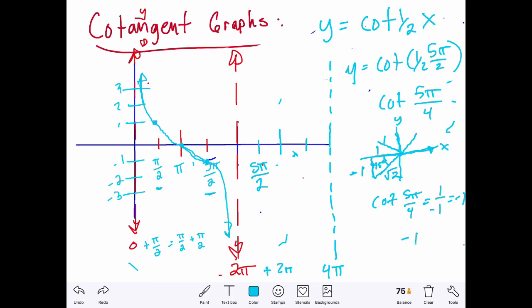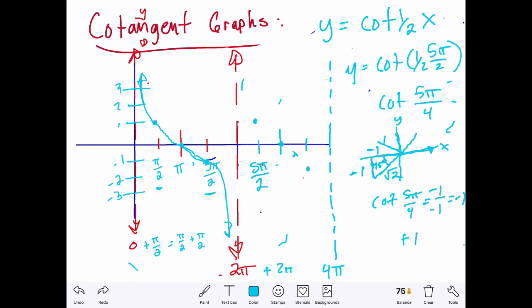Oh, excuse me, this is negative 1 here too. Negative 1 on x, negative 1 on y. Got to be careful there. So negative 1 over negative 1, positive 1. And I was thinking, wait, what? That's wrong. It should be up here. So always check your work against what you know. And then, of course, this one should be a negative 1.